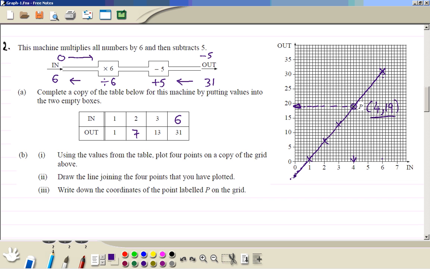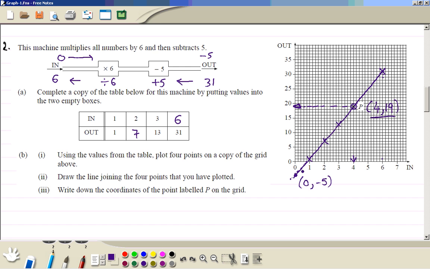So somewhere here we will have the y-intercept with the coordinates x being 0 and y minus 5. You don't have to do this in this question, but that's what it means.